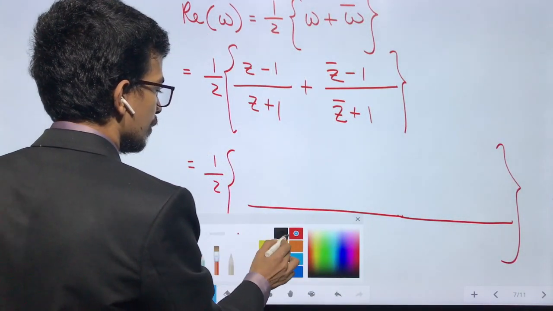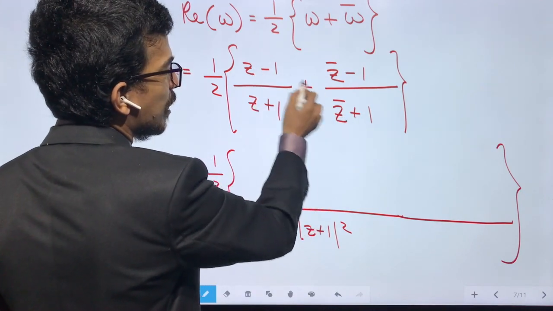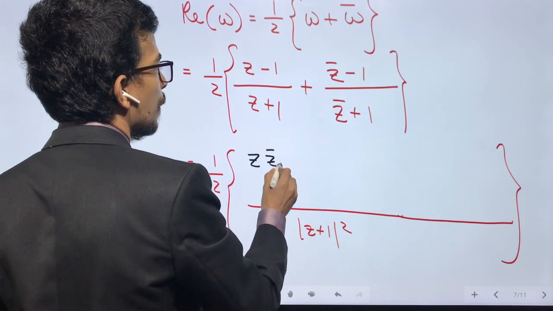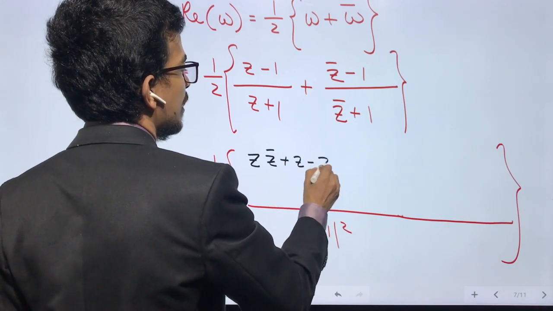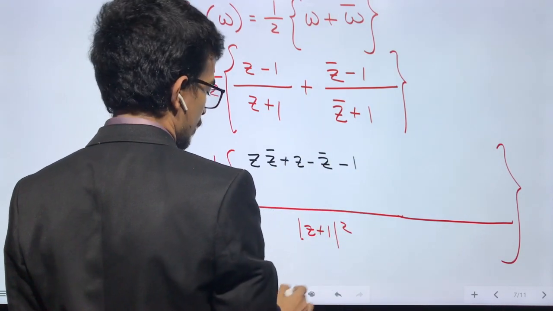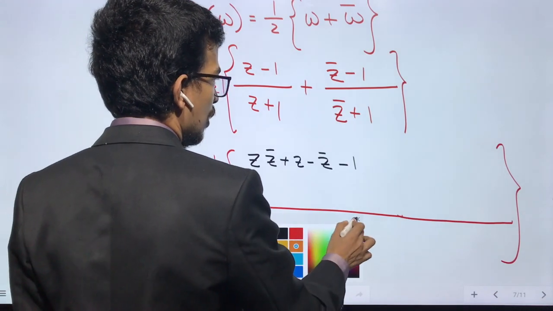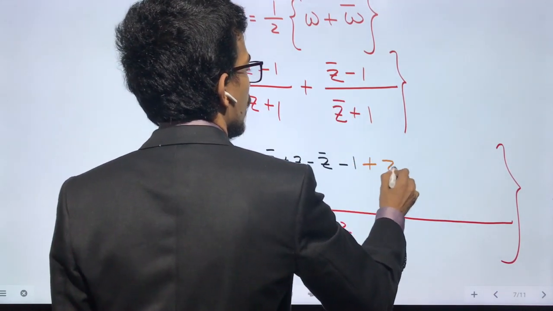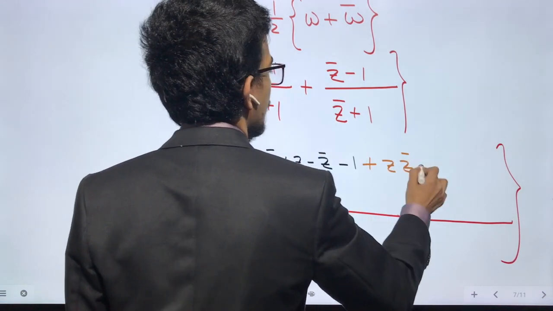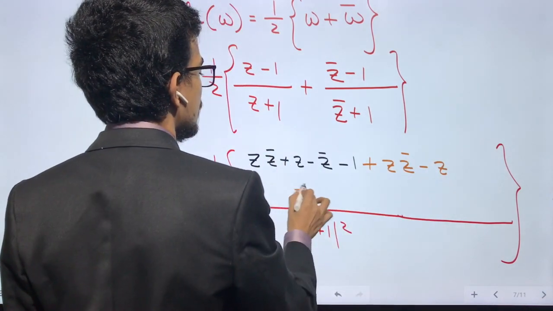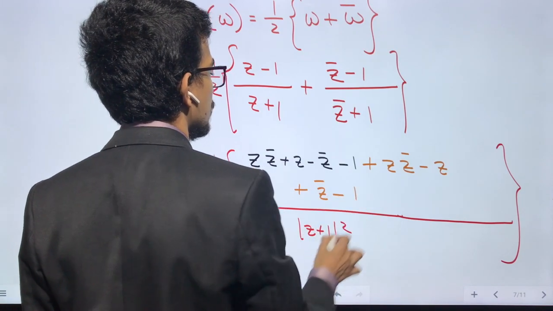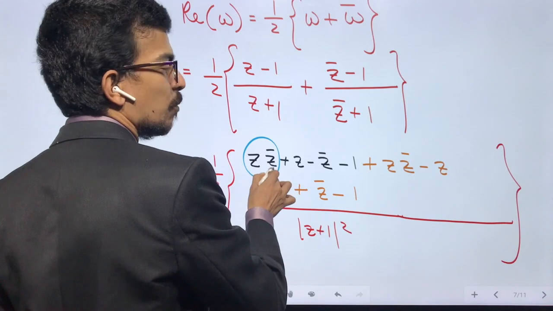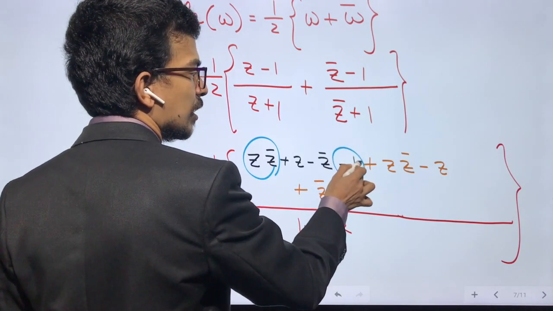See, we have z minus 1 multiplying with z bar plus 1. So it will be z z bar plus z minus z bar minus 1. And next, we have these two terms multiplying. So we have z z bar, then it's minus z, then we have plus z bar, then we have minus 1. Now see this, z z bar is mod z square, which is 1, gets cancelled with 1.